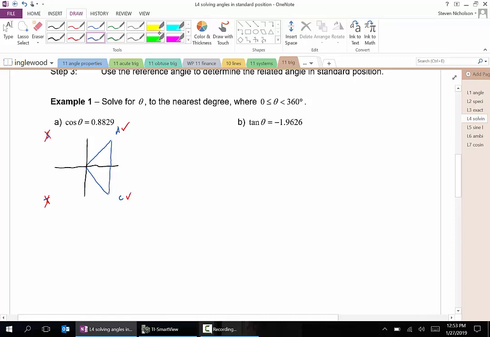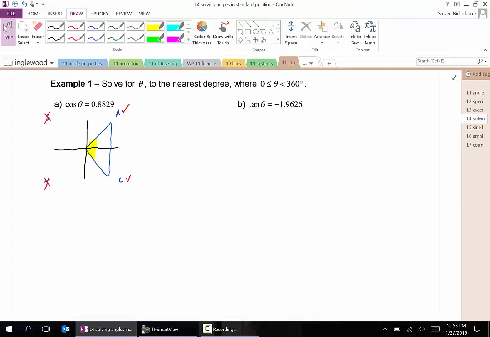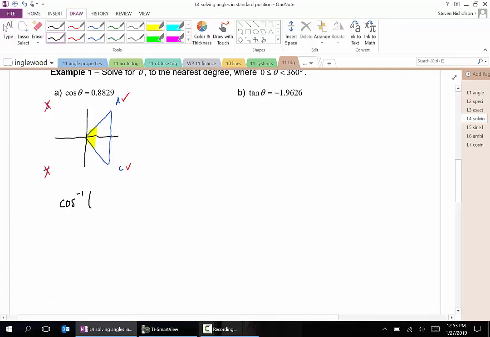What we can do is put in these angles that we have to find and use our calculator to go ahead and find the angle. Now, our calculator is only going to tell us one answer. It would be really confusing if our calculator spit out all of the answers. So in this one, if we have the cosine ratio, we're going to do the inverse cosine, and we're going to plug in 0.8829, and our calculator is going to spit out an answer, and this is the one it's going to spit out.